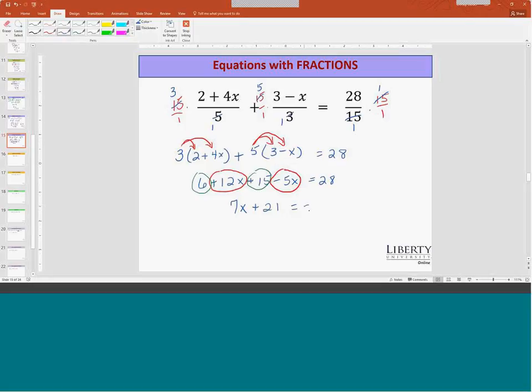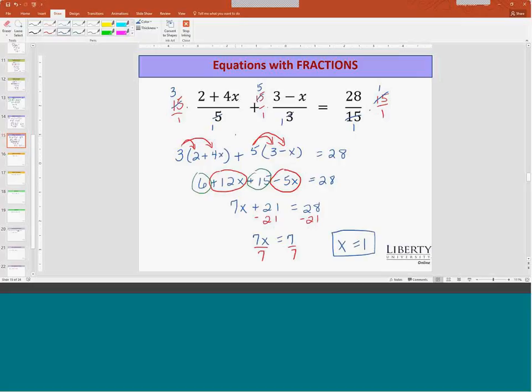Yes, it is going to work out beautifully. So now you've got a simple two-step equation. Subtract 21 from both sides. That means 7x is equal to 7. And it's a bit nicer than that because I know when I divide any number by itself, I get 1. So x is equal to 1.